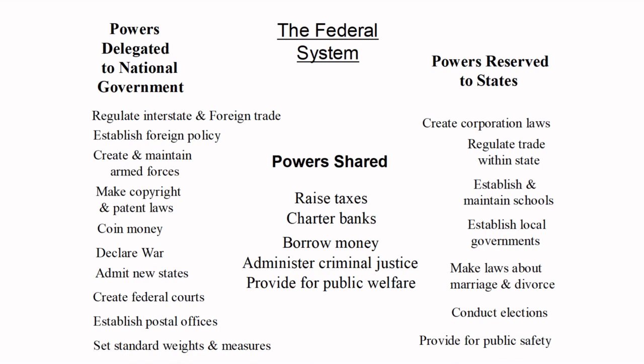In addition, there are some powers that are shared by the federal government and the states. These include taxation, the ability to charter banks, the ability to borrow money, the administration of the criminal justice system, and the public welfare power.